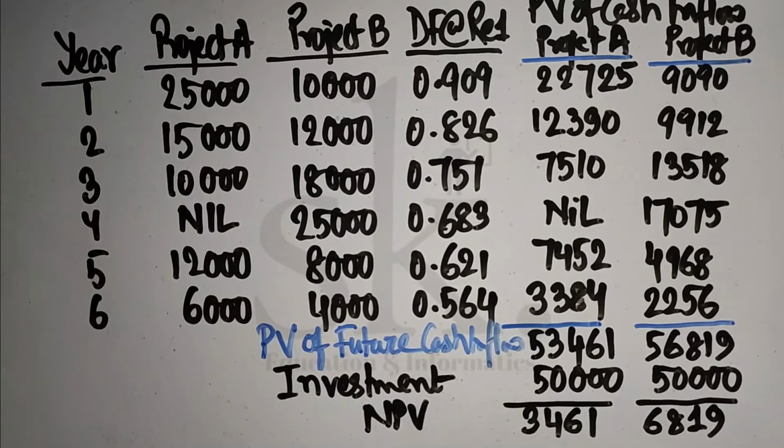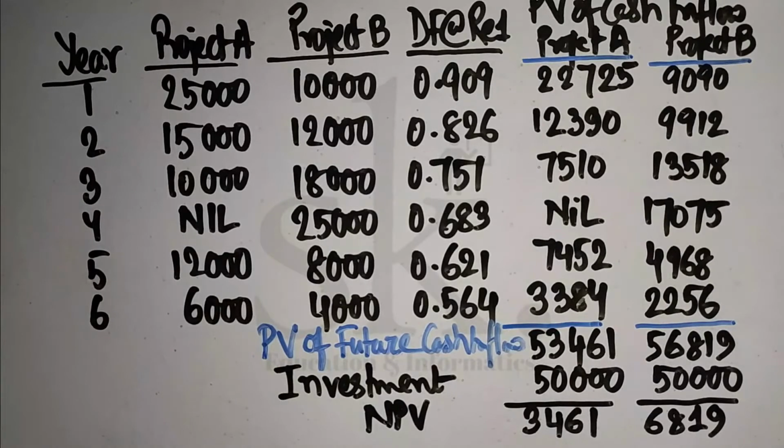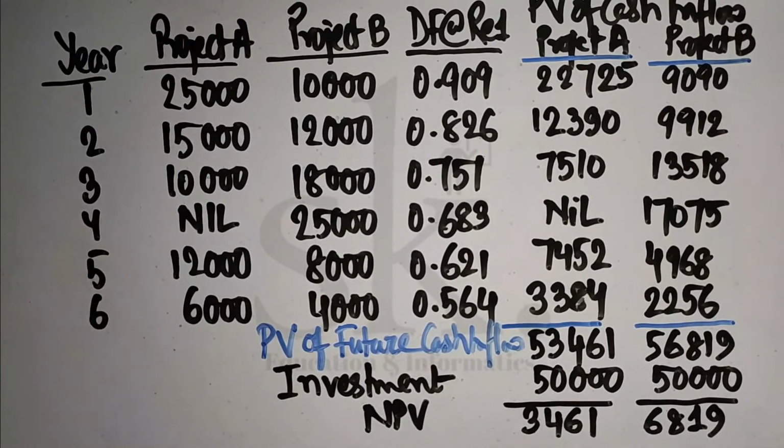So both projects are good, and we accept both projects. But if I have to select any one of the projects, I will always select the project which has a higher NPV. So in this particular case, we will be selecting project B because it has a greater NPV figure, as the project where possible investment can be done.